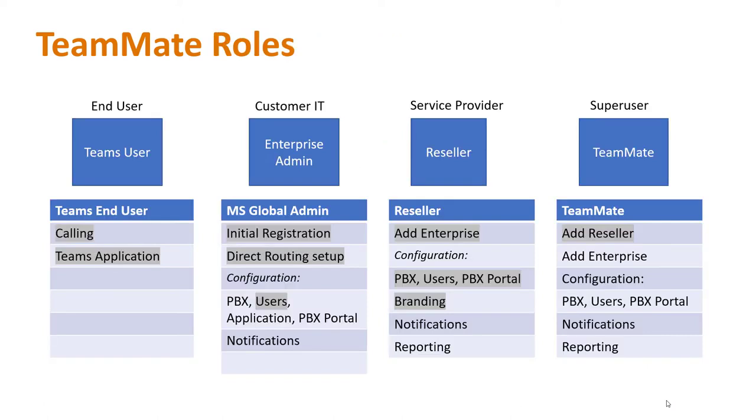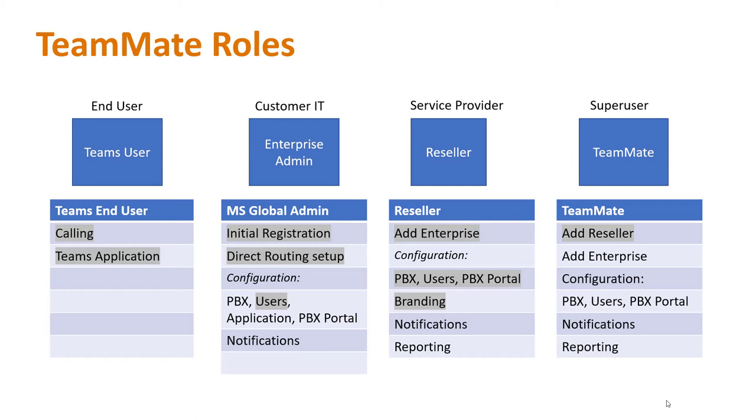There are four major roles that participate in using the TeamMate connector. The end user in Teams can call and use a Teams application. The enterprise admin can do quite a bit. This is the Microsoft either global or delegated admin, has control over initial registration and direct routing solely and can activate users solely.